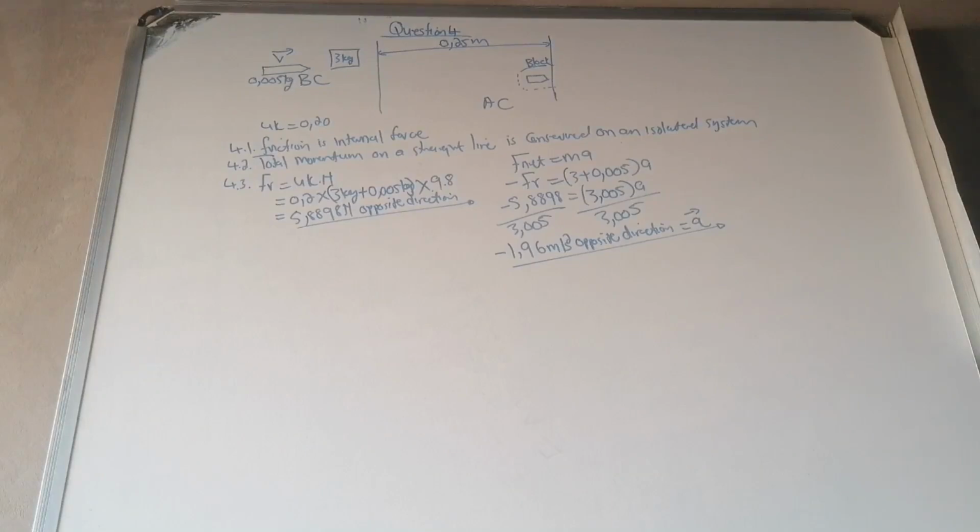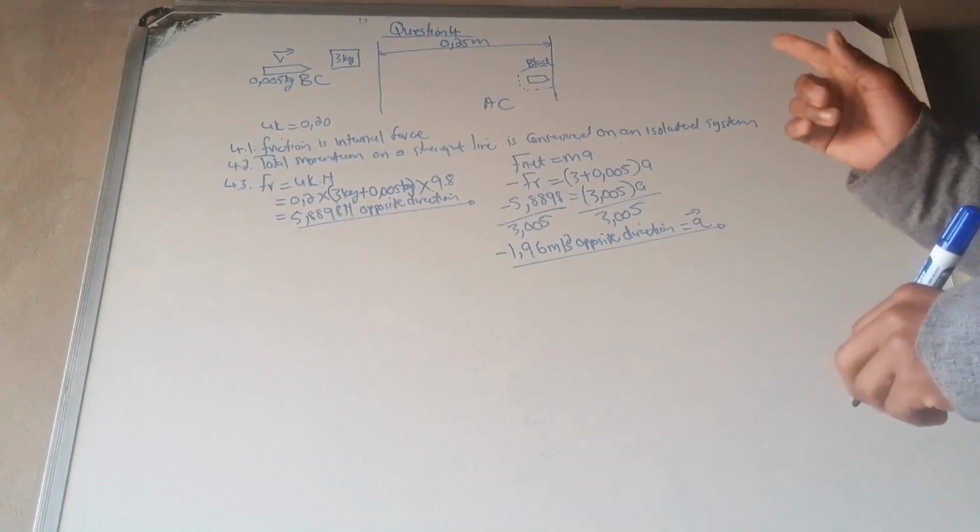Remember what they want there. They said we should calculate the velocity of the block after the bullet has been embedded in it. Now it is the velocity that they are looking for, okay? And now that I have the acceleration of the system, I think I can find the final velocity.